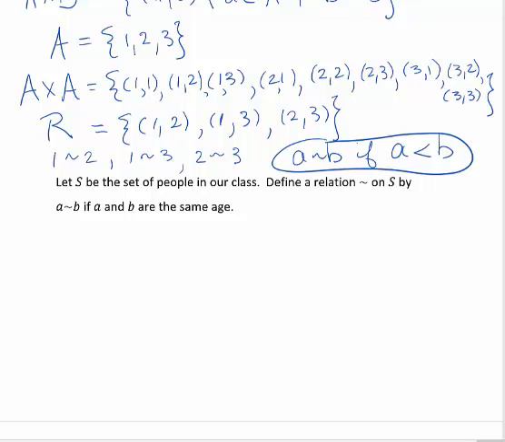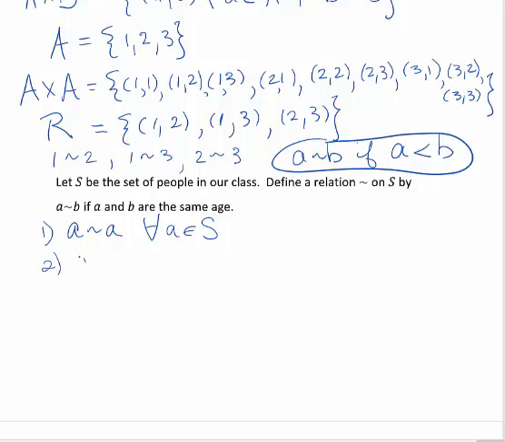This relation has some special properties, and so I'm going to write down the 3 properties that this has, and then we will give a formal definition in the next slide. First of all, a is related to a for all a in S. In other words, each person is the same age as his or herself.